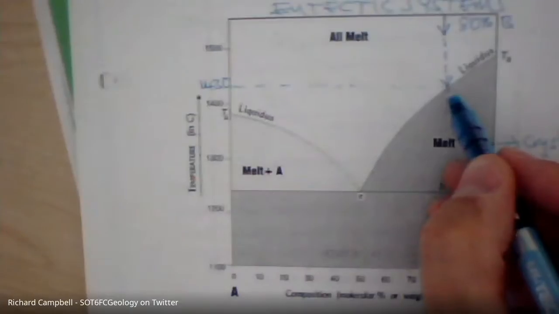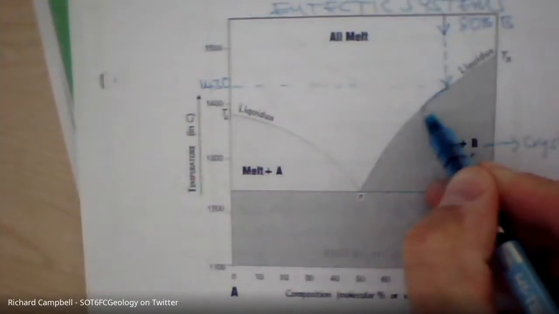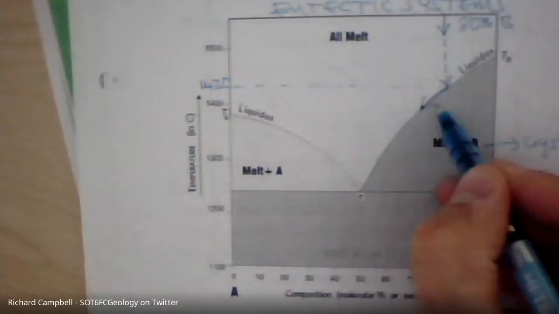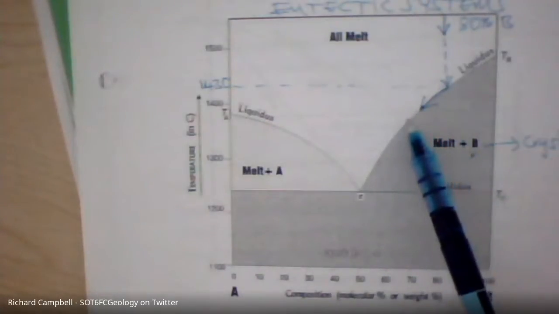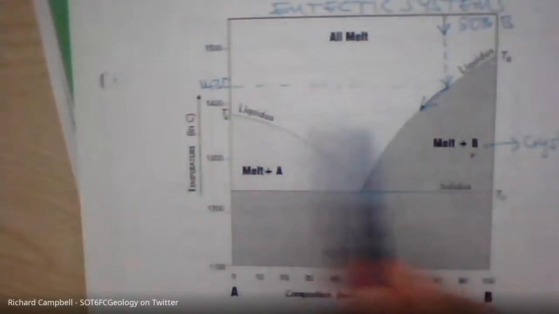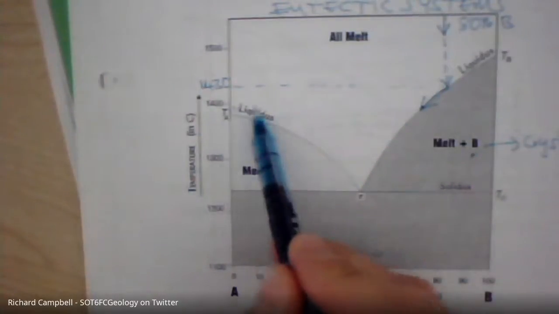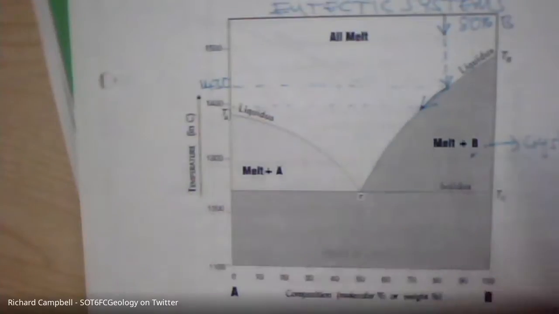As the temperature drops further, we follow the liquidus downwards. The temperature's dropped to about 1400 degrees Celsius.